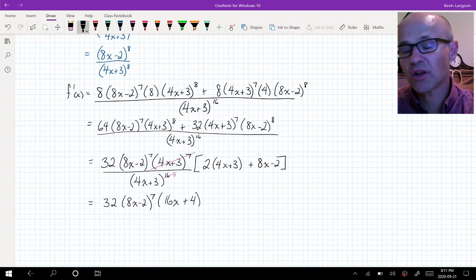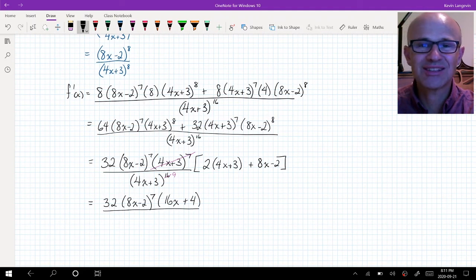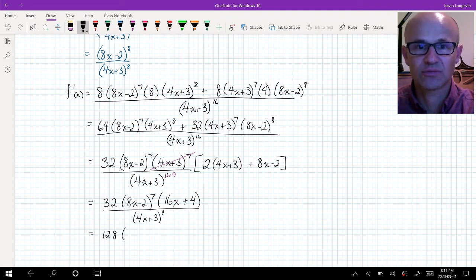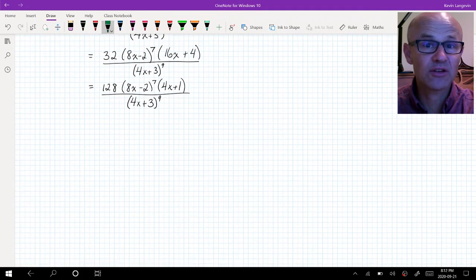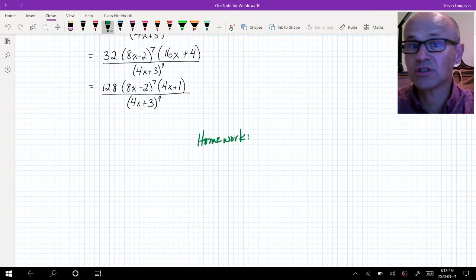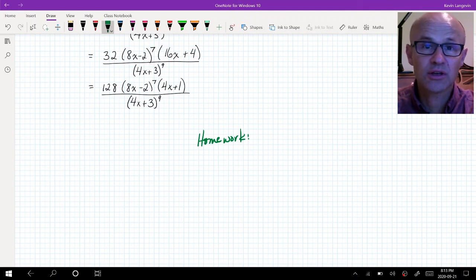I will make sure that on the actual notes, those plus signs that should be minus signs, I'll have them all in a different color to make it really clear what I did change in the notes. So again, just a little bit more tidying up. The 16x plus 4, remember I said that sometimes we can take out another common factor? That one I took out a common factor of 4. That's how the 32 turned into a 128.